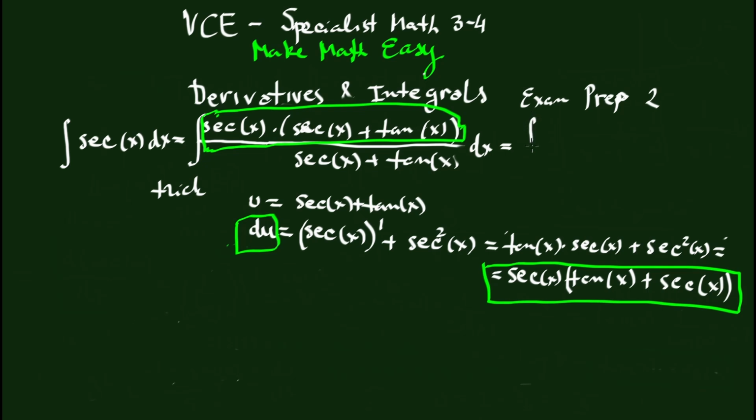It becomes an integral of, so that up there, du. So our u is the bottom, it's u. So this bit here is u, and the bit above is du. So it's 1 over u times du.